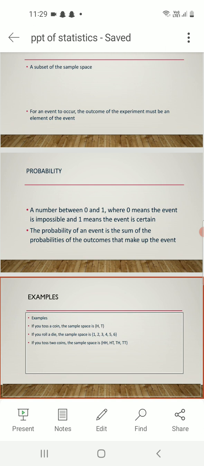The third example is tossing 2 coins. Then you get the sample space S equal to HH, HT, TH, TT. These are the possibilities of your experiment.